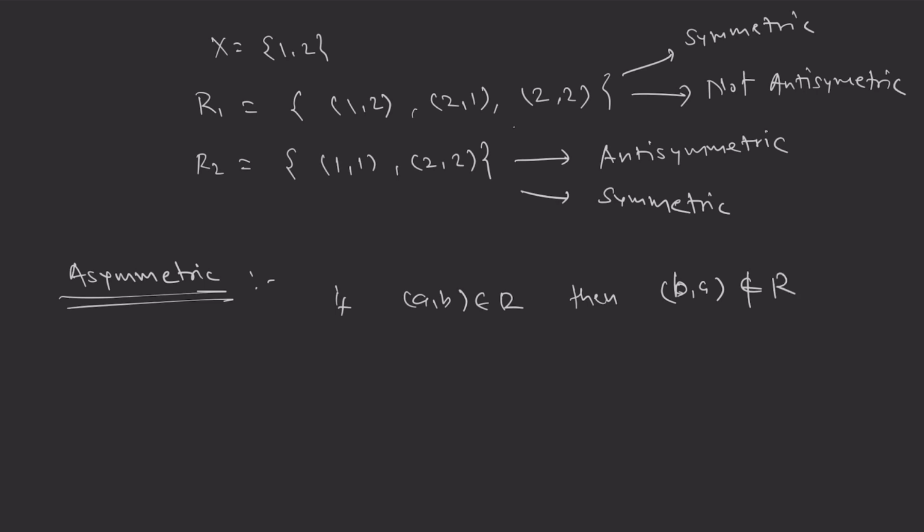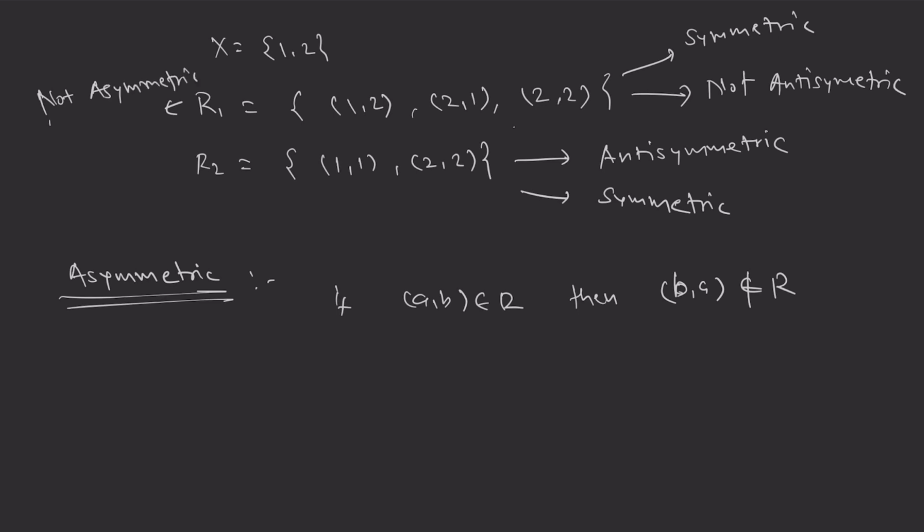In the above example, 1 comma 2 was there and 2 comma 1 was also there, so this contradicts our definition that if a comma b is there, then b comma a should not be there. So this is not asymmetric.